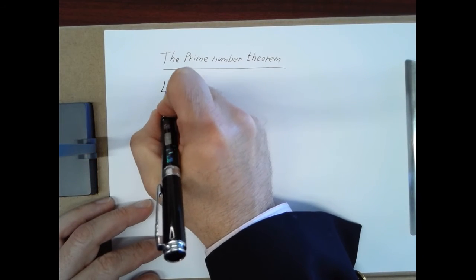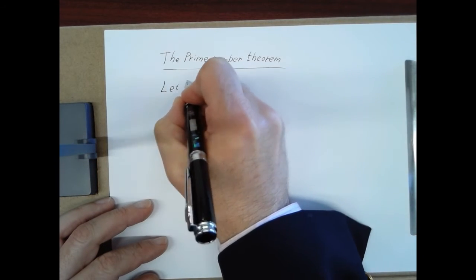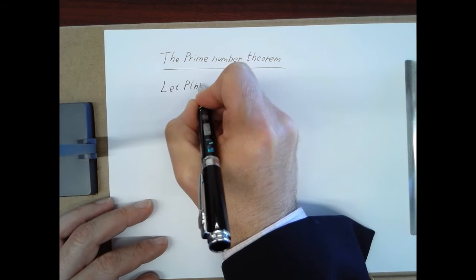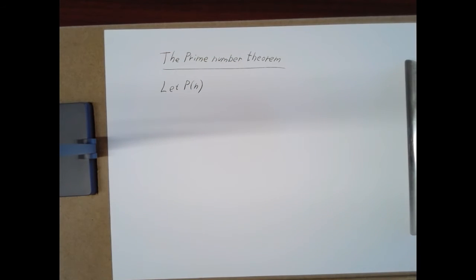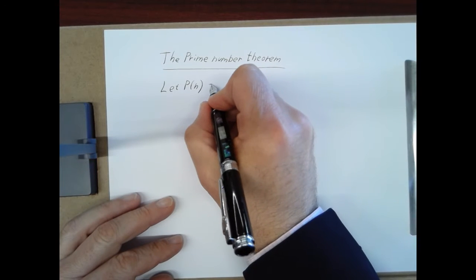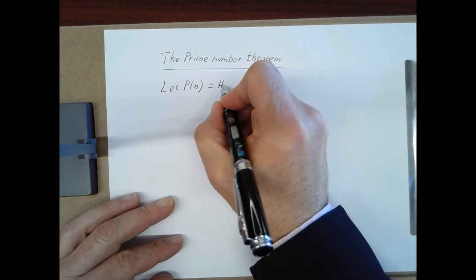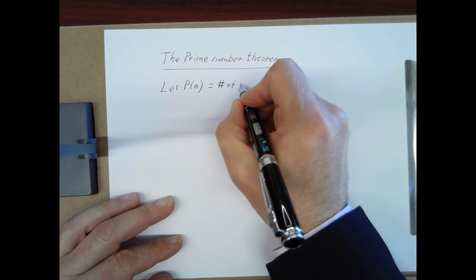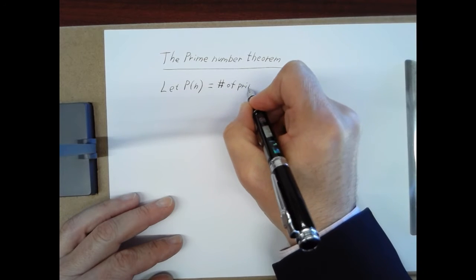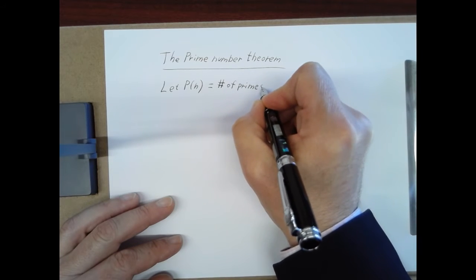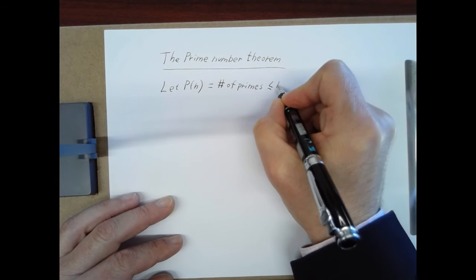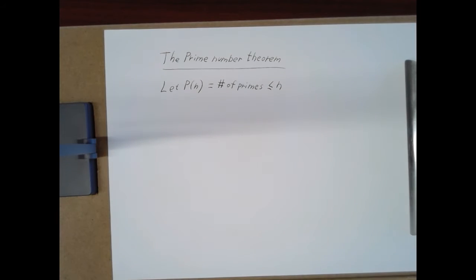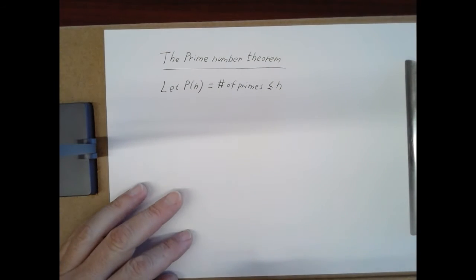So let's make a function. Let P of n be the number of primes less than or equal to n. So here's the prime number theorem.